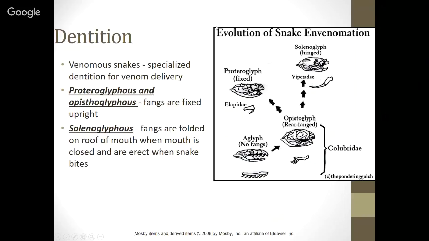So the difference between proteroglyph and opisthoglyph is that proteroglyph are fixed in a forward facing projection, and opisthoglyph fangs are rear fanged, so they're fixed pointing caudally.